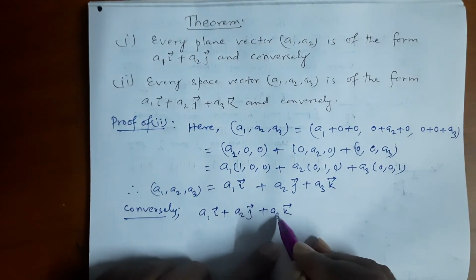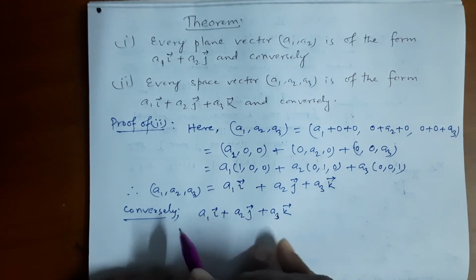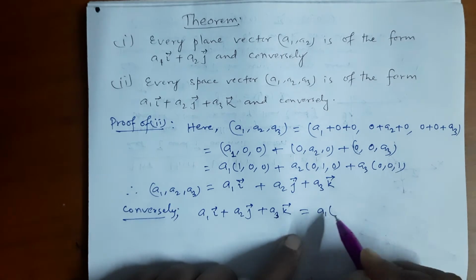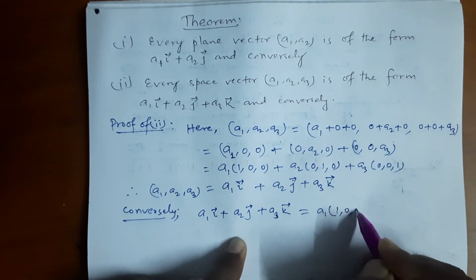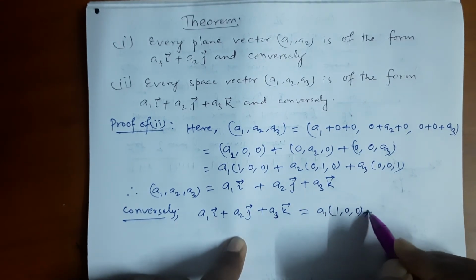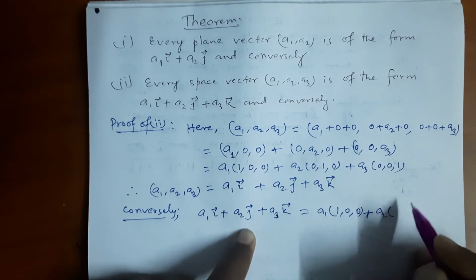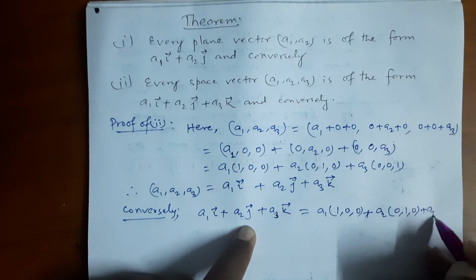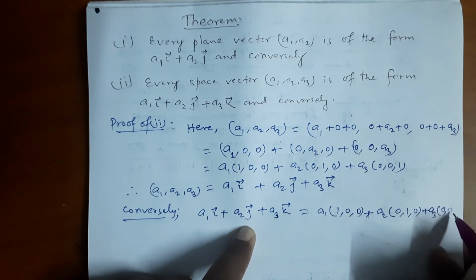From this also we will get a1, a2, a3. This equals a1 i, which means 1 0 0, plus a2 j, which means 0 1 0, plus a3 k, which means 0 0 1.